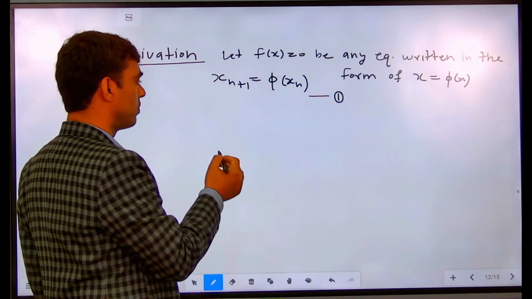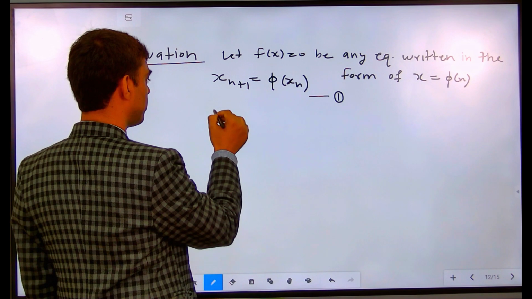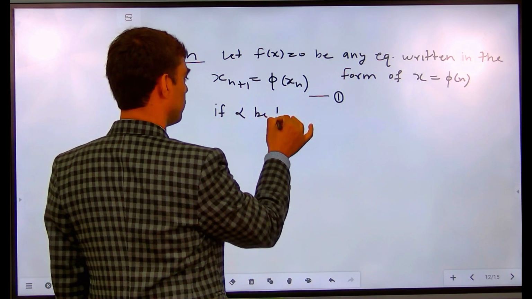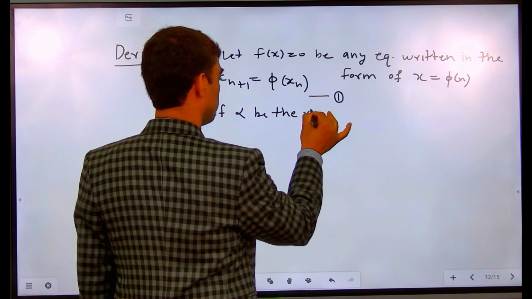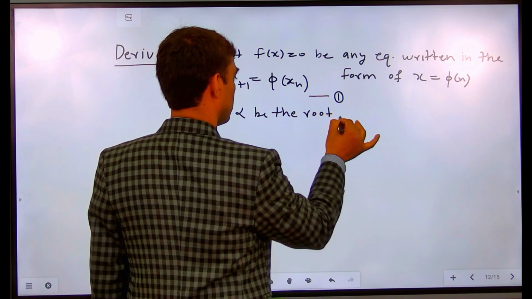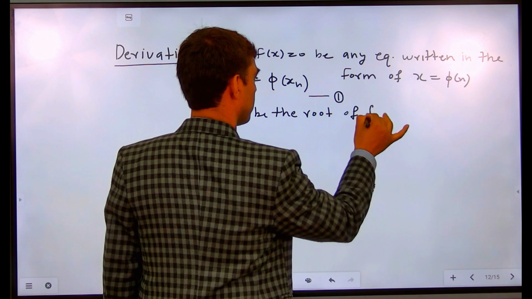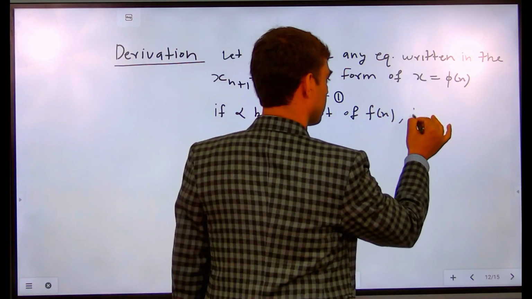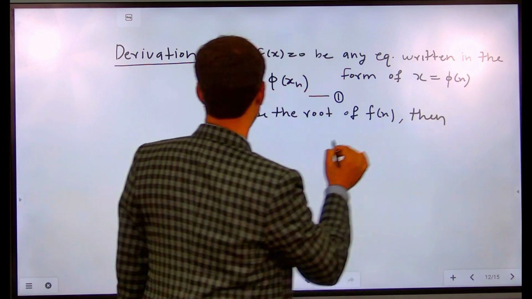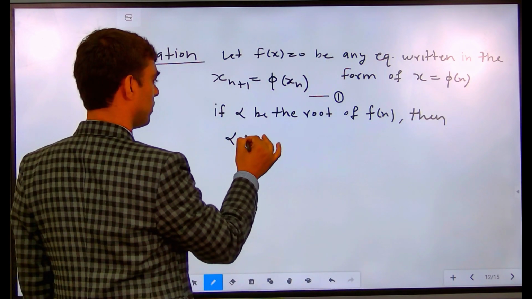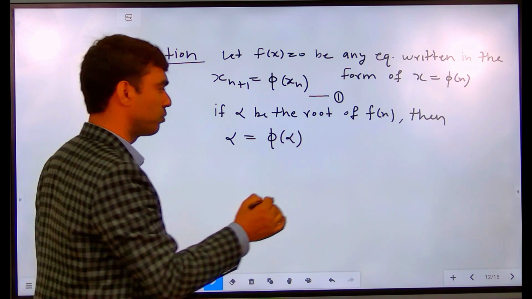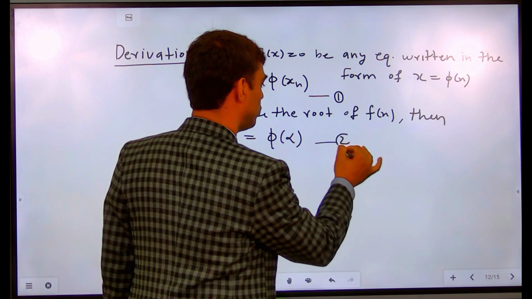Now if alpha is the root of f(x), then alpha = phi(alpha). Suppose this is equation number 2.